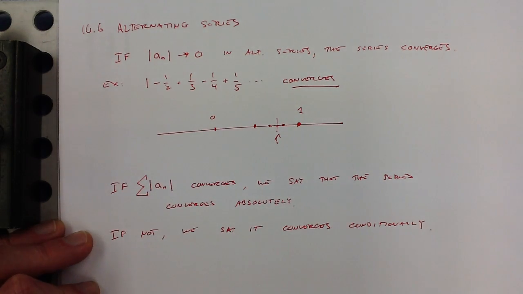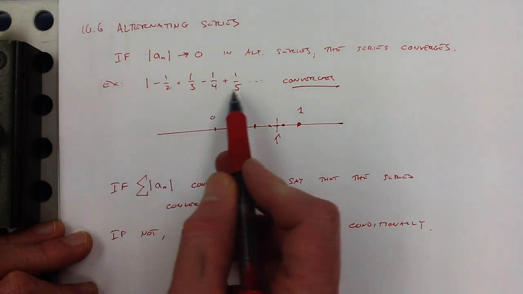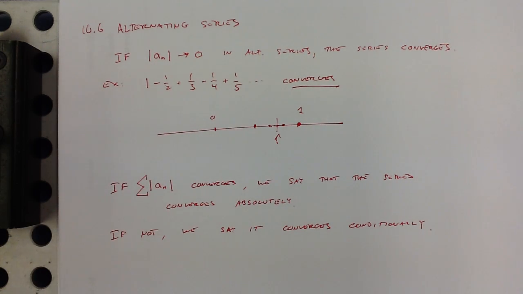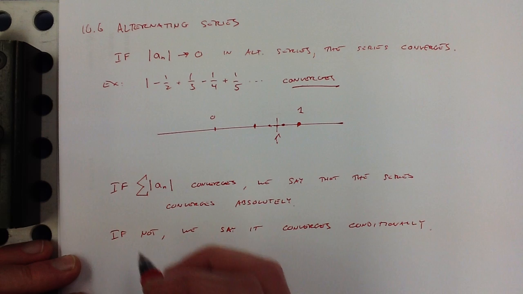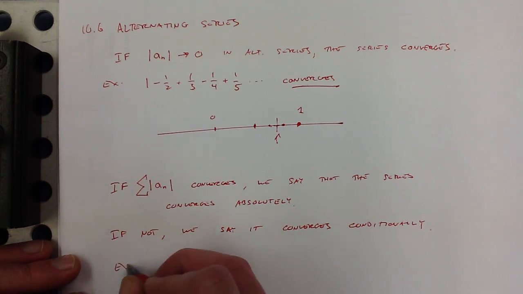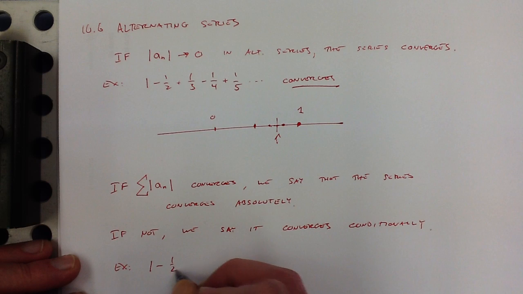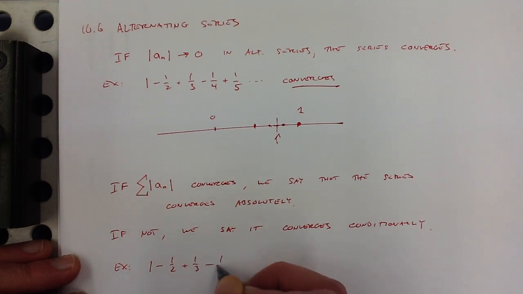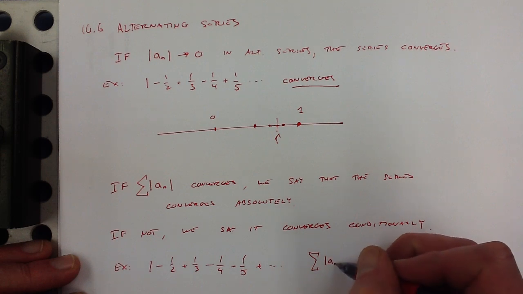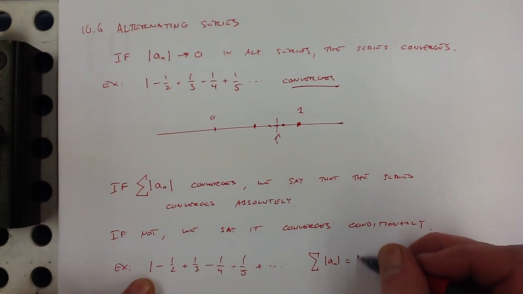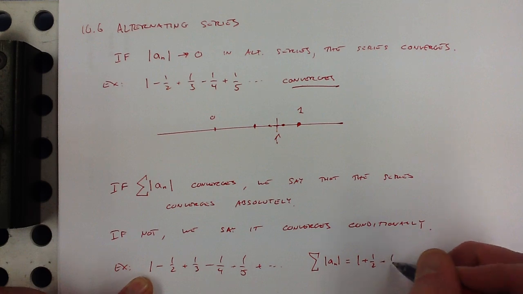So let's take our example here. Does this converge absolutely or conditionally? Why don't you pause and think about that for a minute. Well, the absolute value of those terms would be positive versions only.